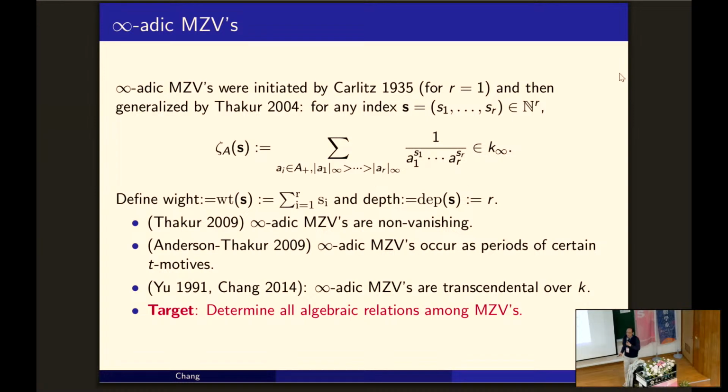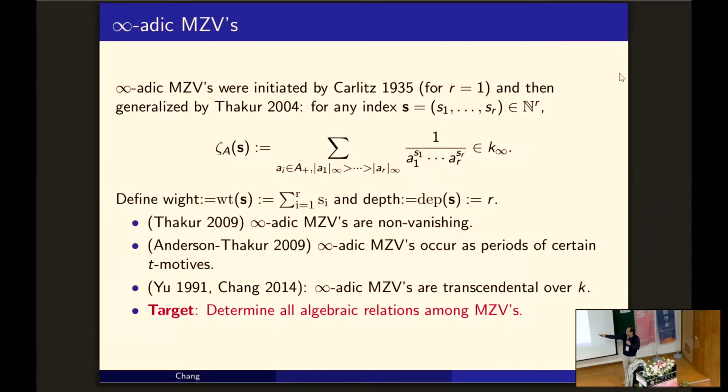So function field multiple zeta values were defined by Thakur, and they are a generalization of Carlitz zeta values. The definition is simple. You consider any tuple of positive integers, and then you consider this series.